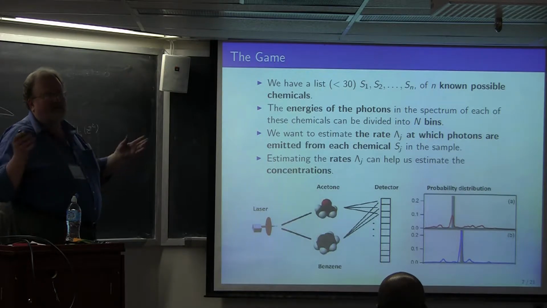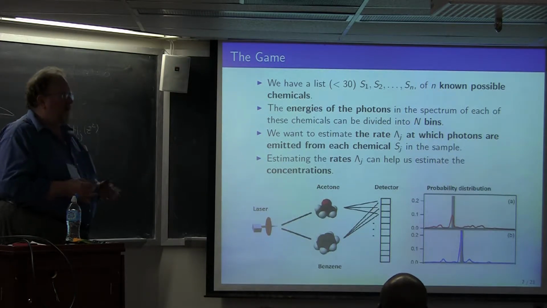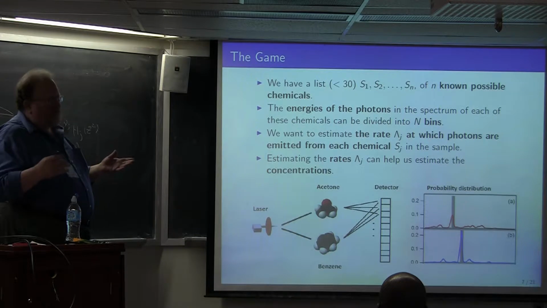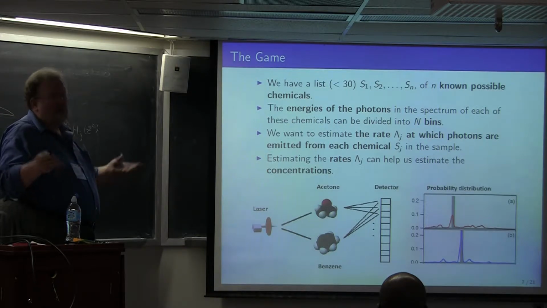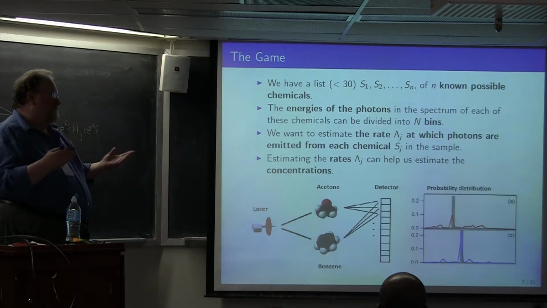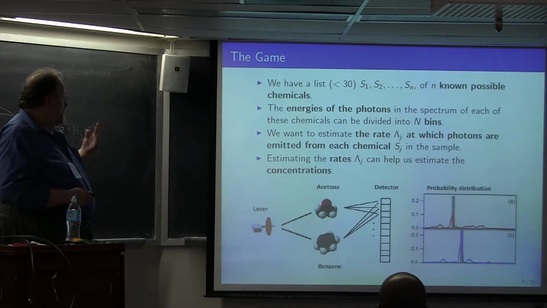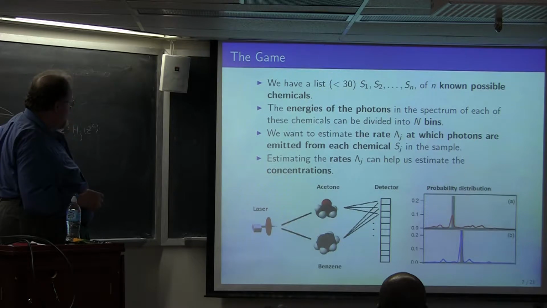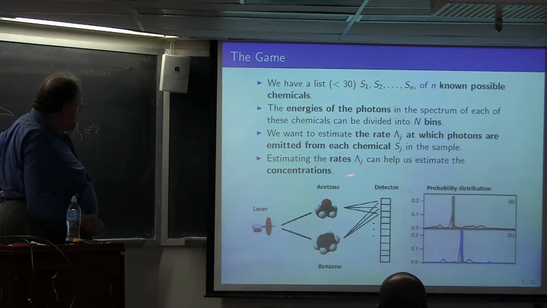Okay, so if we don't have any photons coming from acetone, then if we have a lot of photons coming from benzene, great, we know the sample's benzene, right? And if we have a lot of them coming from benzene and no acid, well, whatever. Sorry. Okay. So estimating these rates can help us estimate the concentrations.